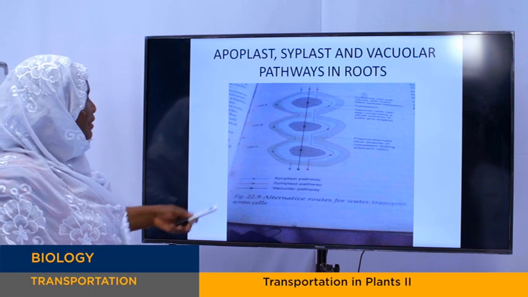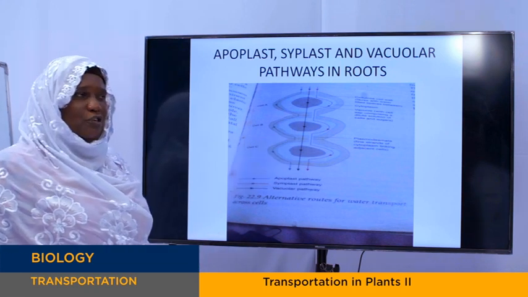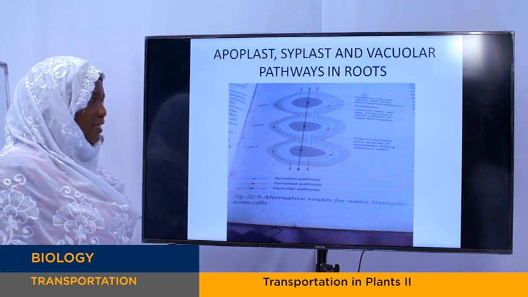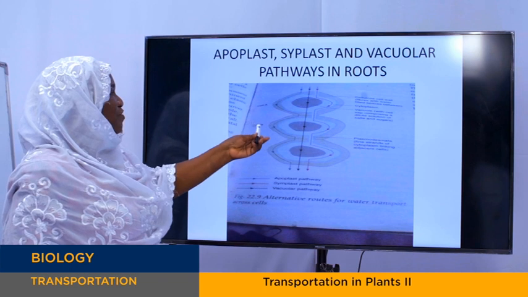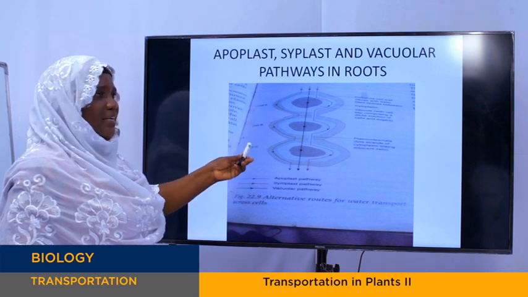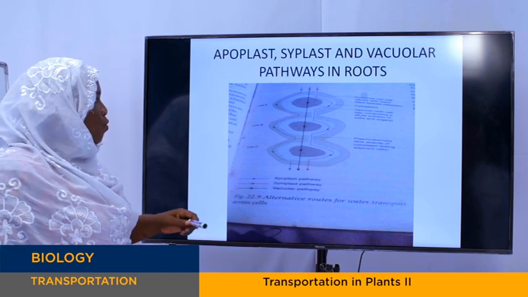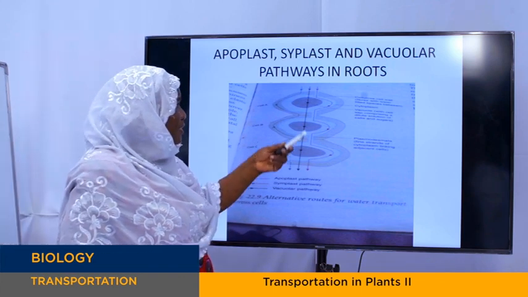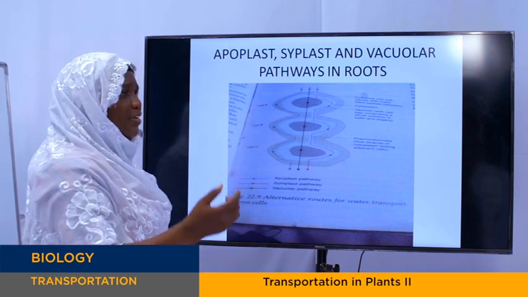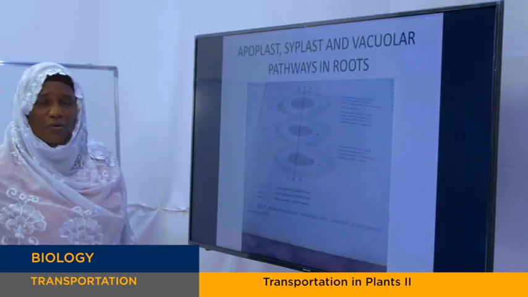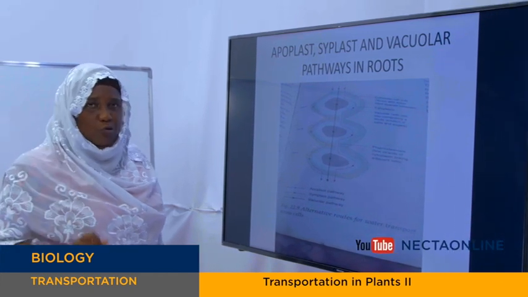But in this diagram, the Casparian strips have not been indicated. The reason is because the names given here are only A, B, and C. But always remember that when water passes through the cell wall and reaches the endodermal cell wall, there are Casparian strips made up of suberin.